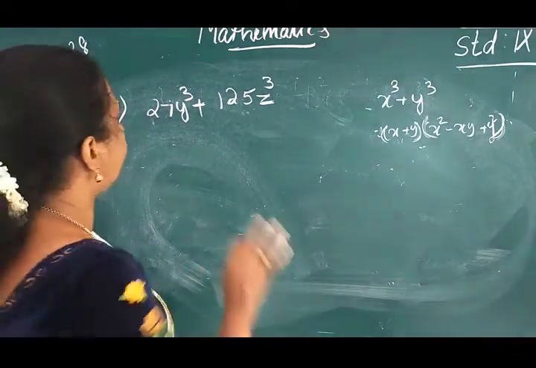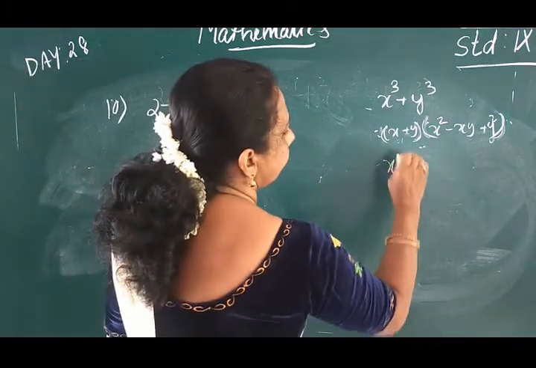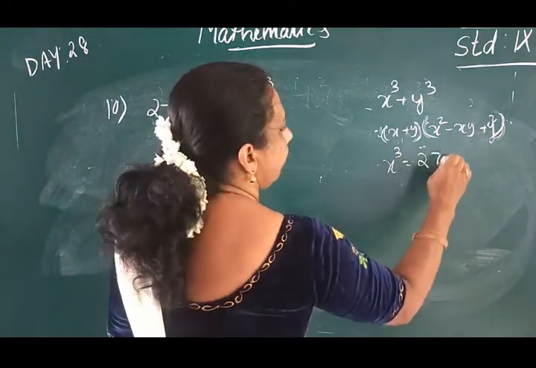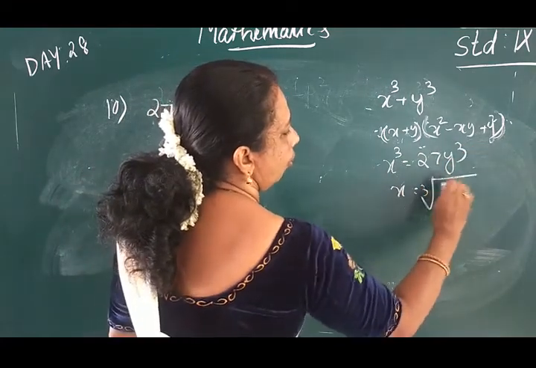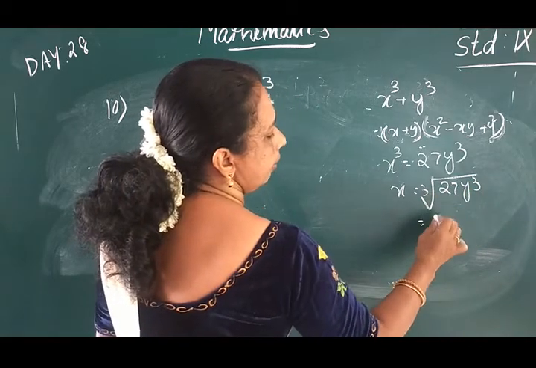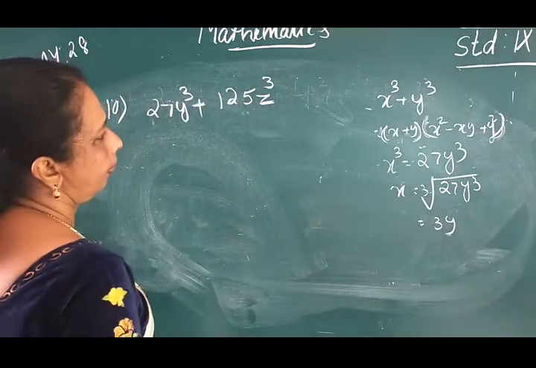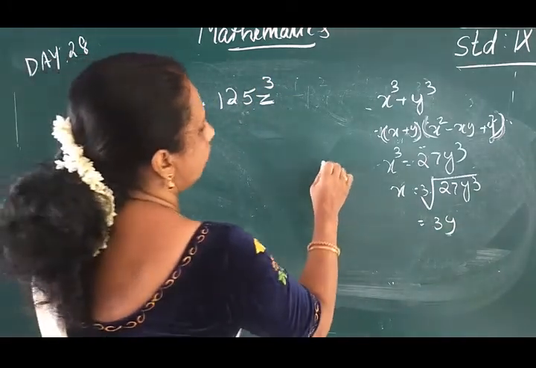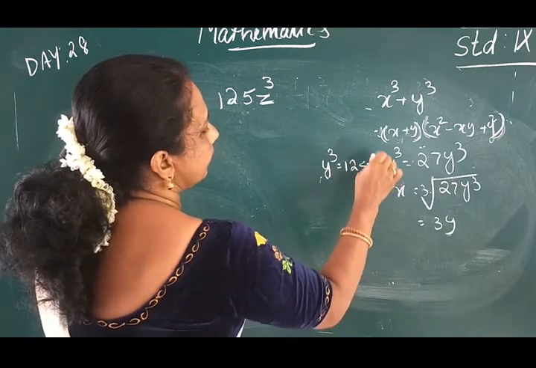First, the same way we have to find out what is x and y here. What is x cube here? 27y cube. So x is equal to the cube root of 27y cube. What is the cube root of 27? 3. Cube root of y cube is y. What is y cube? y cube is equal to 125 z cube.